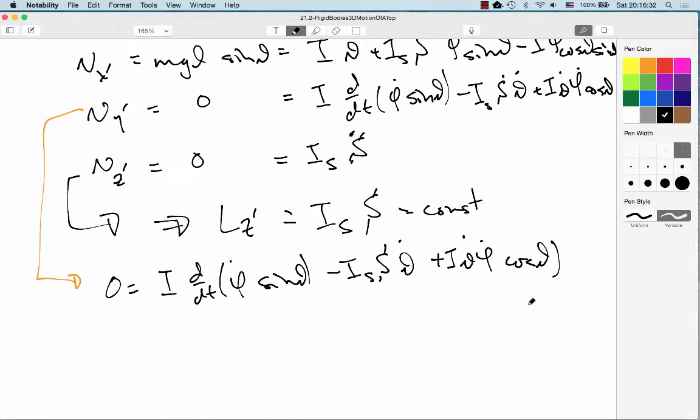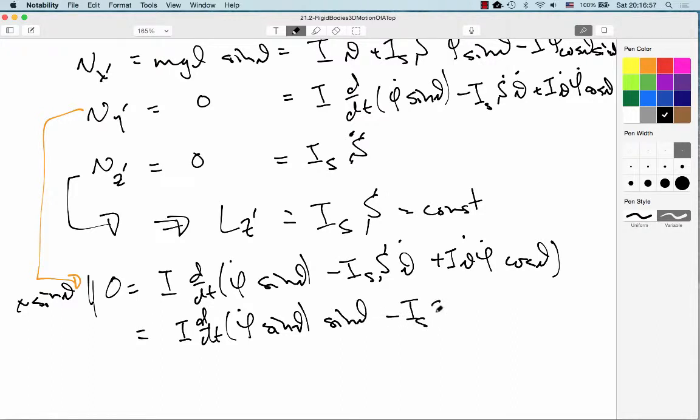I can certainly go ahead and multiply this across by sine theta. So this becomes I d/dt of phi dot sine theta times sine theta minus I_s s theta dot sine theta plus I theta dot phi dot sine theta cos theta.